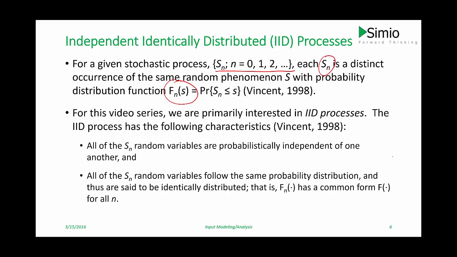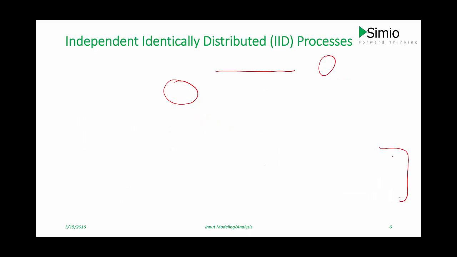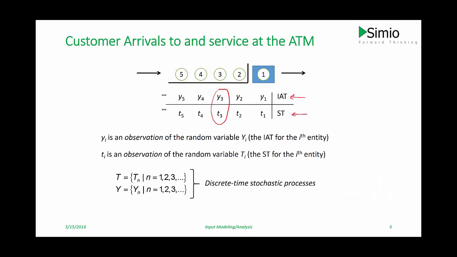Now we're going to focus almost exclusively on something called an IID process, or an independent identically distributed process, which has the following characteristics as described in Vincent. First, all of the Sn random variables are probabilistically independent of one another. So in our case, knowing one inter-arrival time, or one y value, doesn't give you any information about subsequent y values.